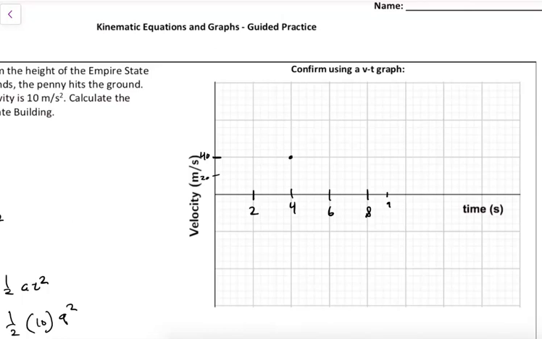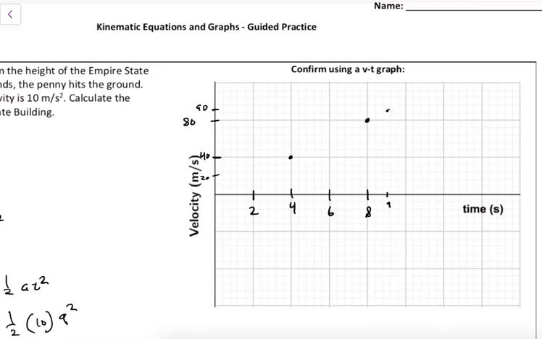After 6 seconds, it should reach 60. After 8 seconds, it should reach 80. After the 9th second, it should reach 90. So it's like right here, right? Somewhere right there. And that's 90 at 9.